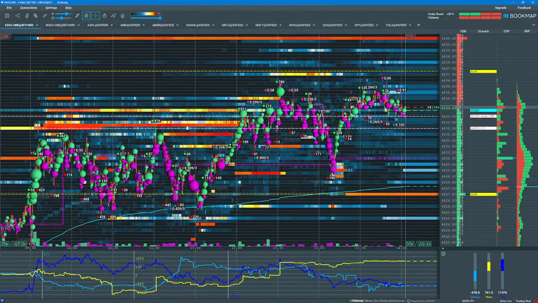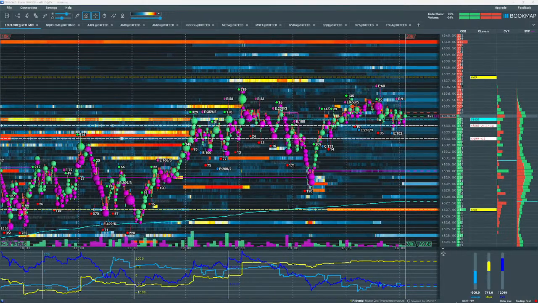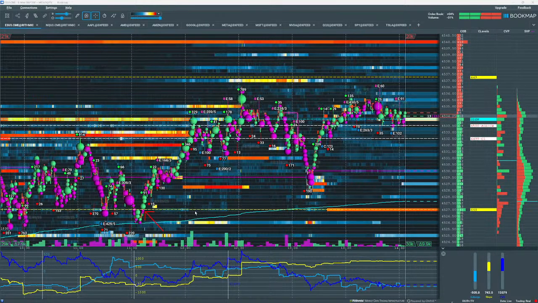Range day fade trades worked in the morning, and then finally this final test of the VWAP and 448 level, and the price moved up to the SPX 4500 level. And so we know that options traders started taking positive delta positions around this time.